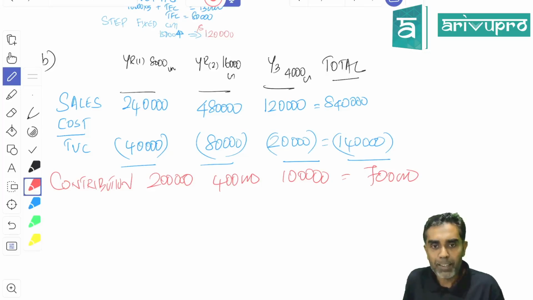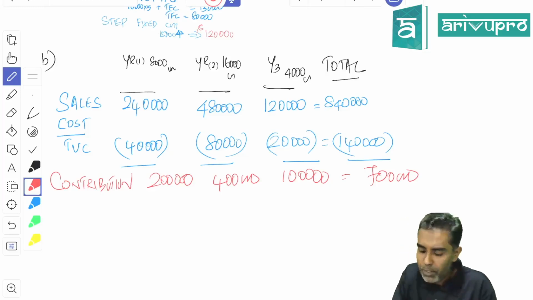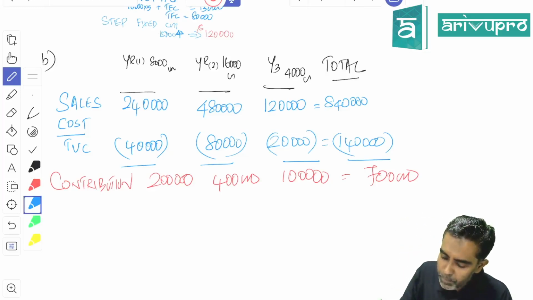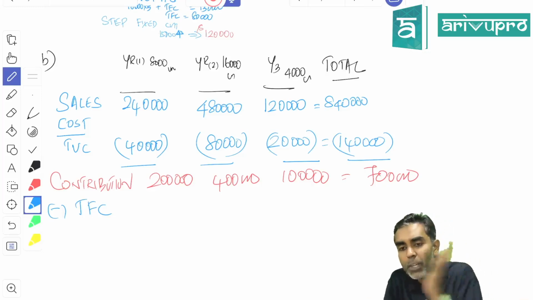You got my point. Next, to calculate the profit, we need to subtract the fixed cost. In addition to the fixed cost, they have given marketing cost as well. Therefore, we will adjust both. First one is the fixed cost. Total fixed cost. Fixed overhead, as you said, will remain constant. That is applicable only for the 8,000 units and the 4,000 units.